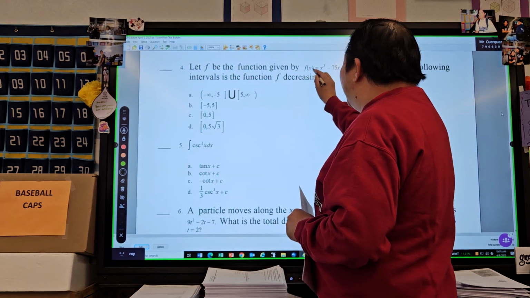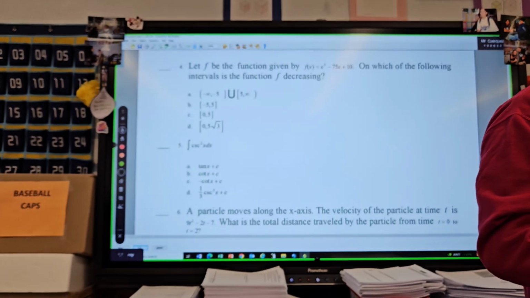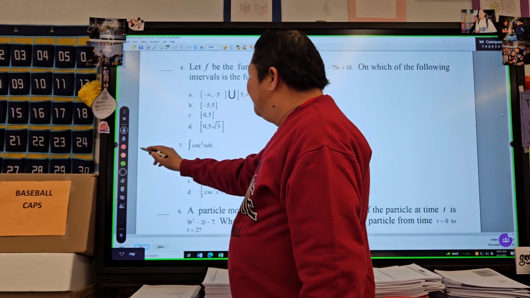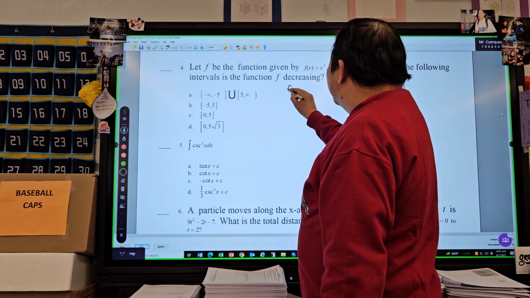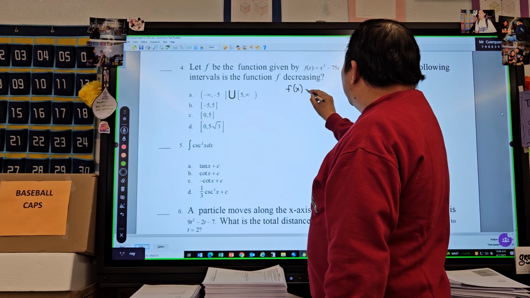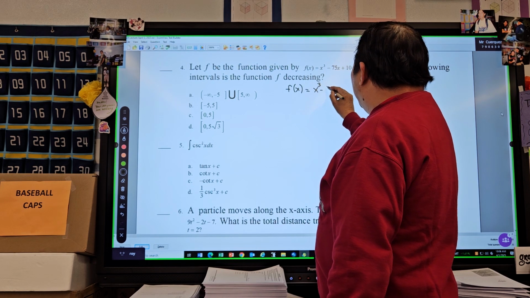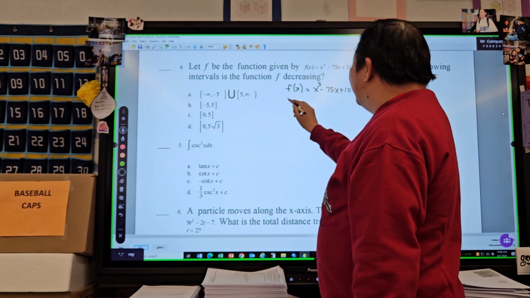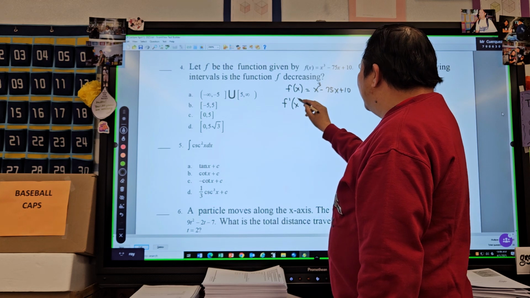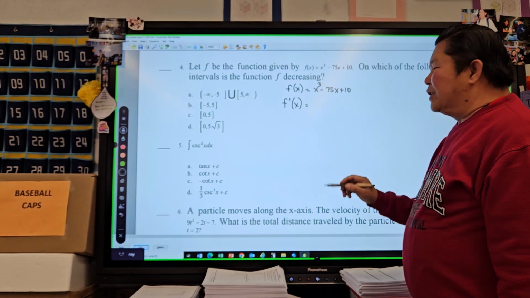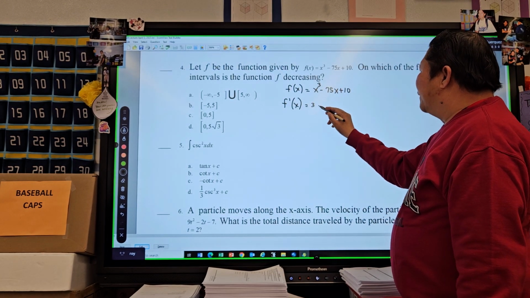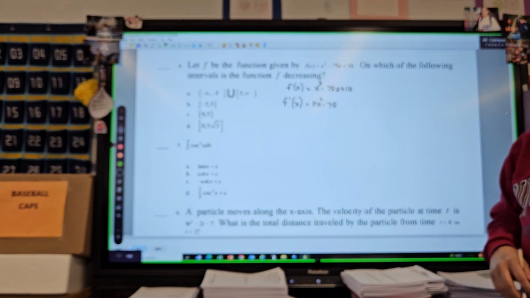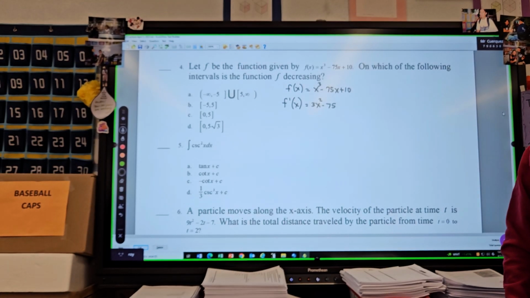So, we take the derivative of the function first, okay? Always. So we have the function f of x is equal to x cubed minus 75x plus 10. Take the derivative, so f prime of x is equal to 3x squared minus 75. And then we can factor out 3.